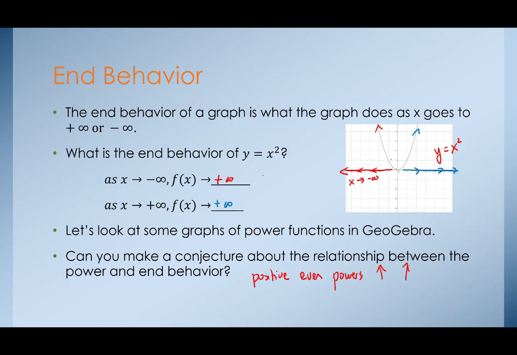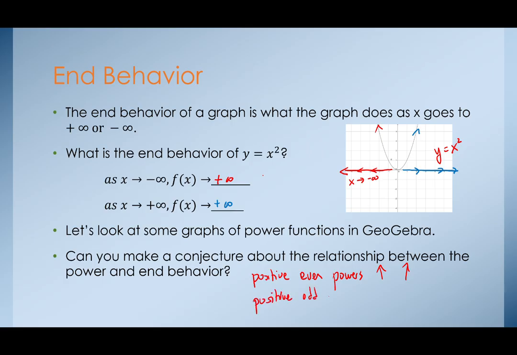Why do I have to say both going in the same direction instead of both going positive up to positive infinity? Because if that coefficient out front is negative, guess what happens? It's a reflection, and that U shape would be reflected pointing downwards, and now we would be pointing downwards, right?